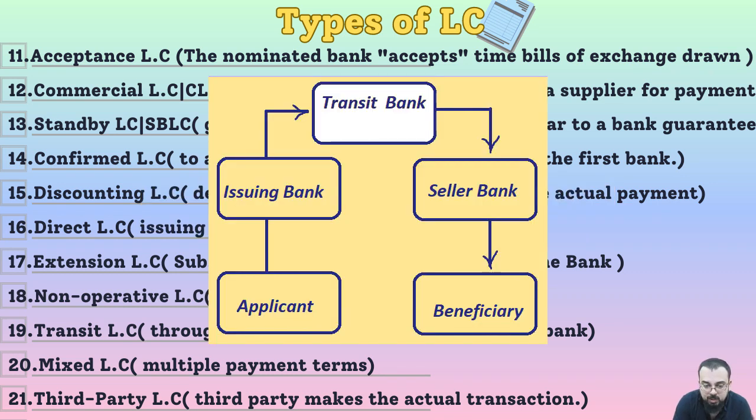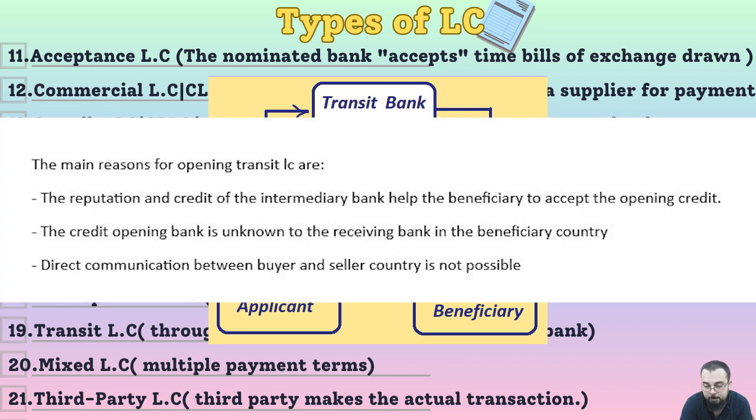What is a transit LC? The issuing bank asks a third country banking system to announce to the advising bank in the seller country. I mean through a bank abroad to a third country bank. Such credits are called transit credits. The main reason for opening a transit LC: the reputation and credit of the intermediary bank help the beneficiary to accept the opening credit.